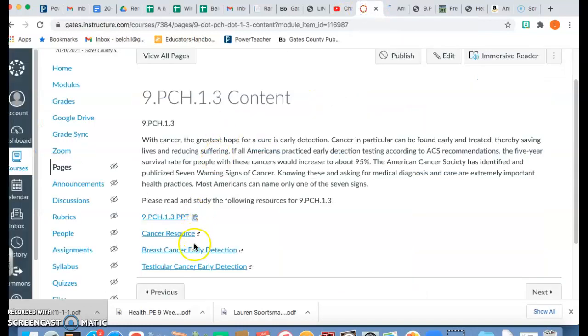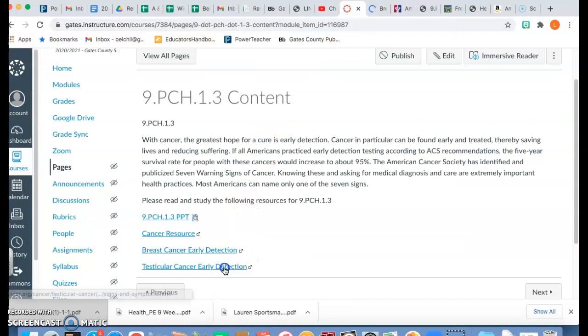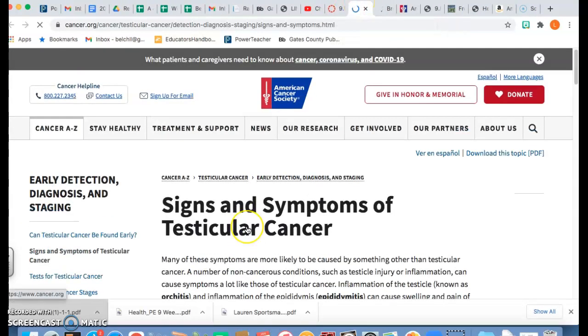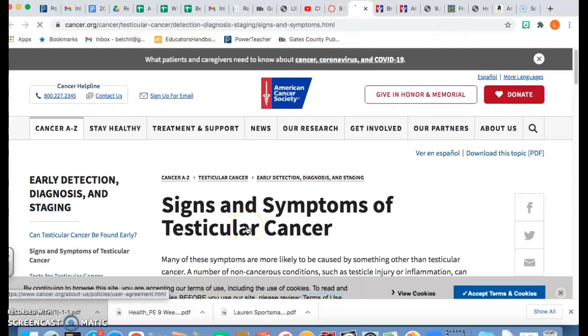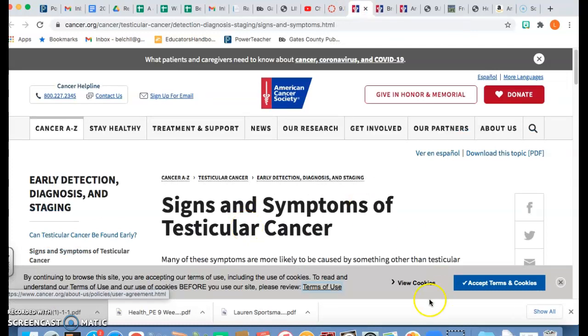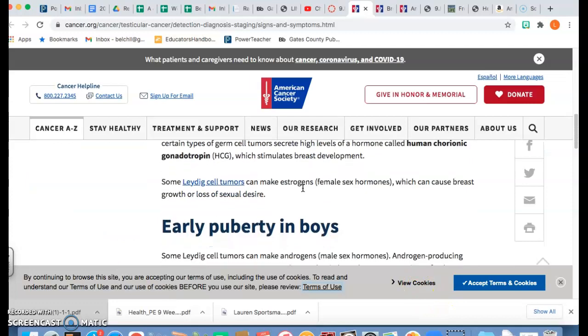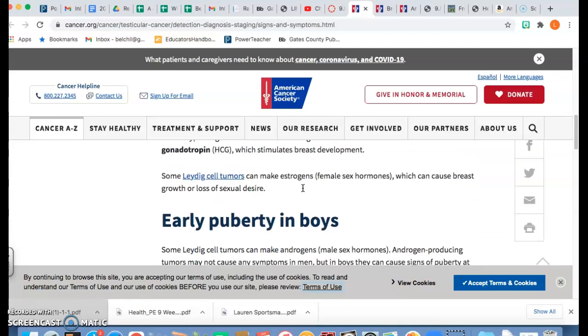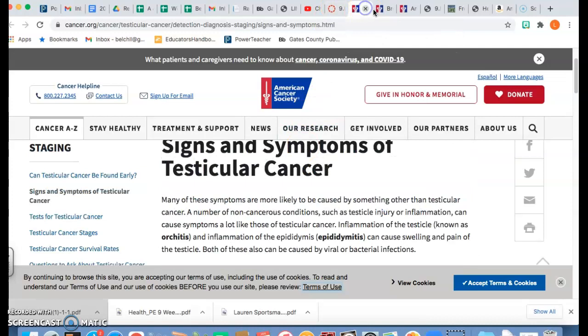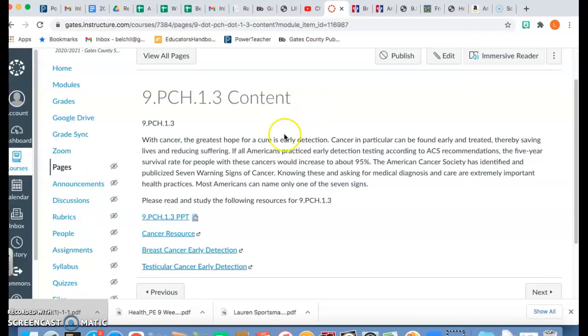And like I said, this one is for females for the breast cancer detection, and then this is testicular for males to tell you what it is and what the warning signs are, and anything else that you can review on your own time. And that covers the content for today.